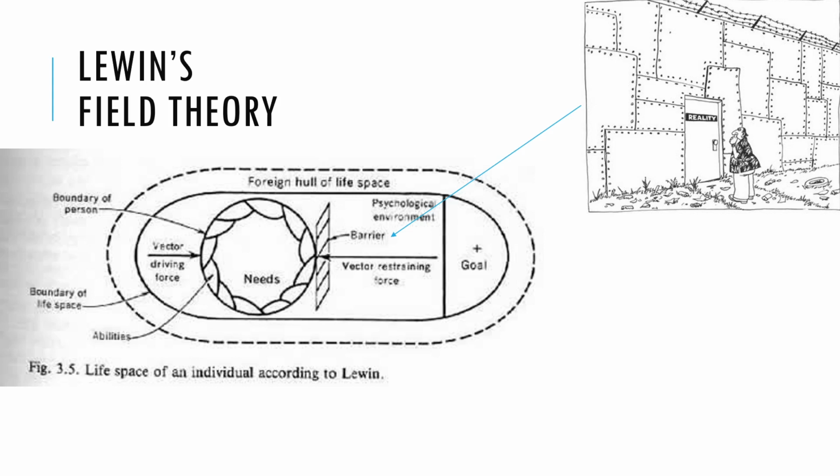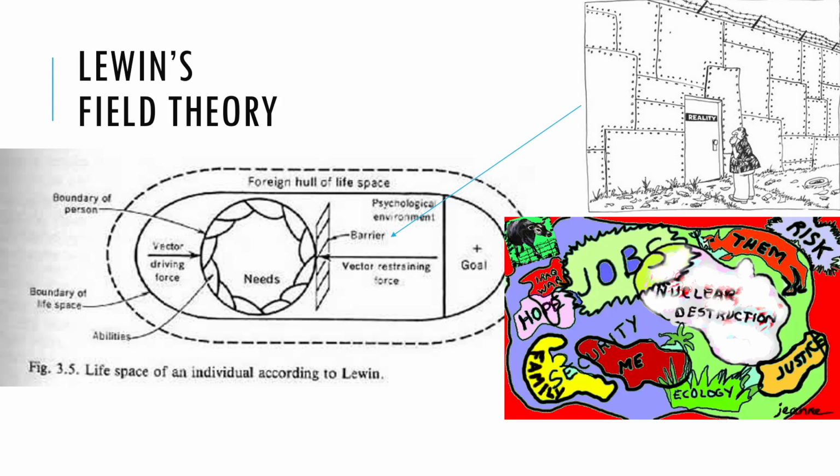Lewin, as a Gestalt theorist, was a cognitive psychologist who really believed that we perceive things through our own lenses, our own lens of experience, expectations, biases, attitudes, things like that. So are we really willing to open the door to reality and find out that maybe some of our cognitions or our perceptions are incorrect? Are we willing to do that?